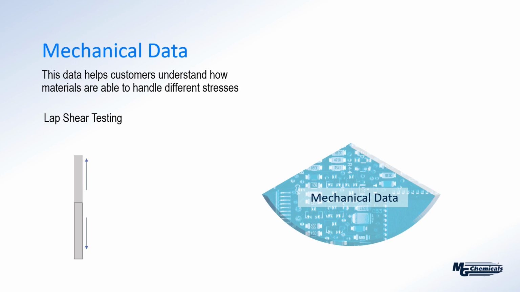You hit play and pull them in opposite directions until the two coupons pull apart, in which case the adhesive strength of the material has failed. So that's noted as the lap shear test. You can do it not only with different substrates, but different combinations of substrates, which is applicable to a lot of people if they want to know if a particular material is going to adhere to a type of substrate or if they would need to pre-treat it. Lap shear testing is a good way to understand if that's true or not.